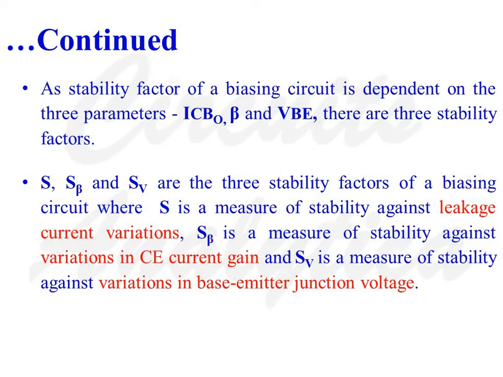S, S beta, and SV are the three stability factors of a biasing circuit, where S is a measure of stability against leakage current variations. S beta is a measure of stability against variations in common emitter current gain. And SV is a measure of stability against variations in base emitter junction voltage.